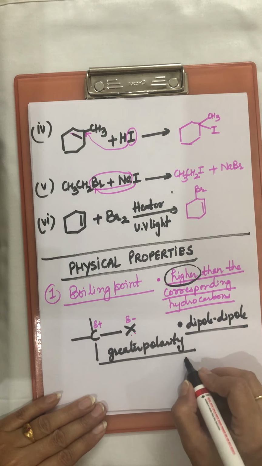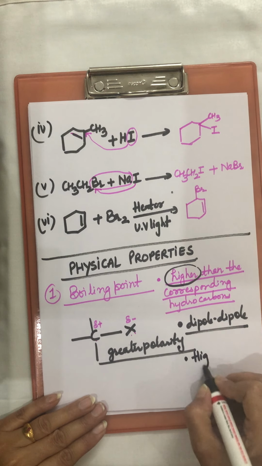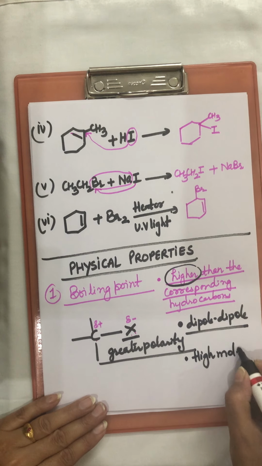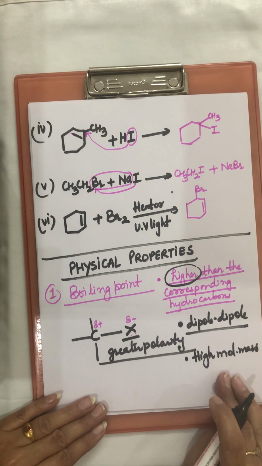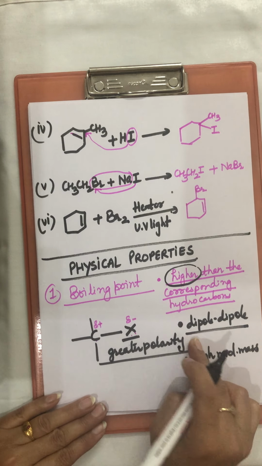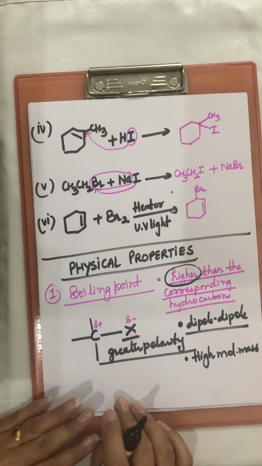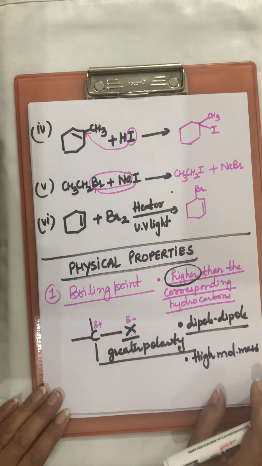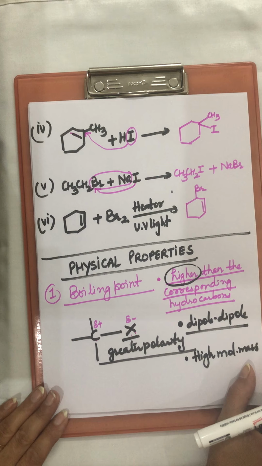The second reason is high molecular mass, because there is a halogen atom. More is the molecular mass, more is the magnitude of van der Waals forces. So these forces are stronger as compared to the forces in hydrocarbons. Hence the boiling point of haloalkanes is more than the corresponding hydrocarbon.